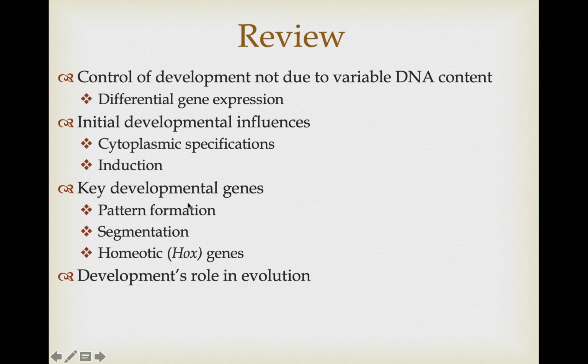Early on, it just basically sets the pattern formation genes active to establish anterior, posterior, top, bottom, and so forth. In segmented animals, the segmentation genes break the animals into various specific segments. And then the homeotic or Hox genes build upon that segmentation pattern by determining what is going to develop in each segment of the body. And studying developmental biology has really told us a lot about evolution.